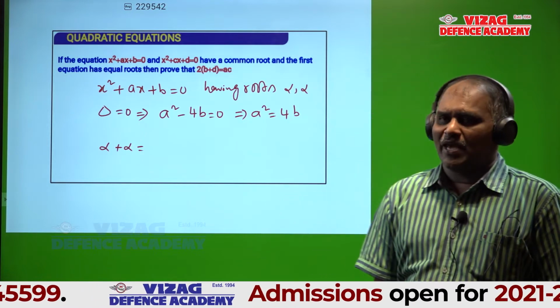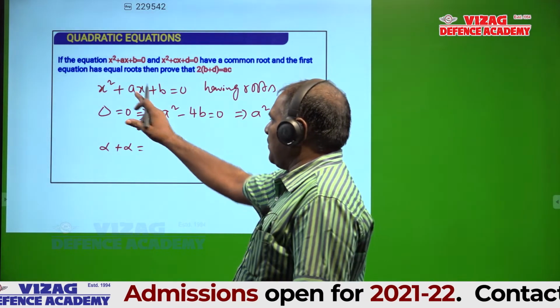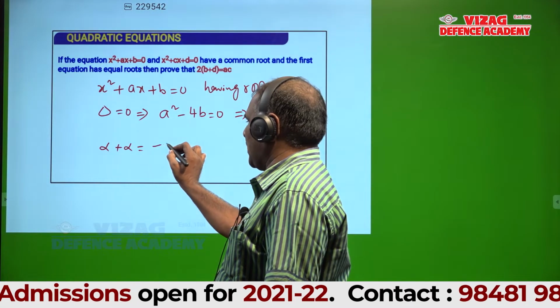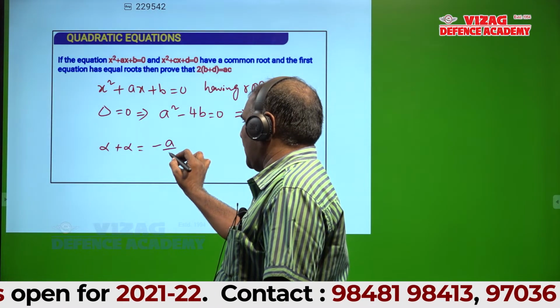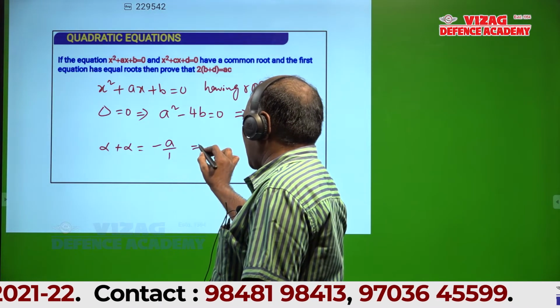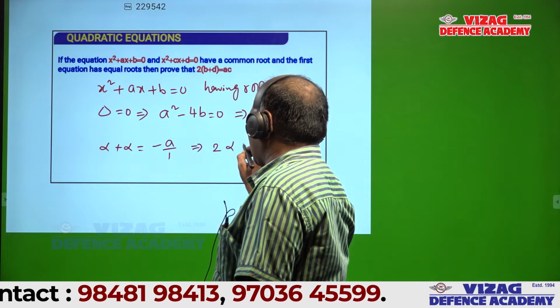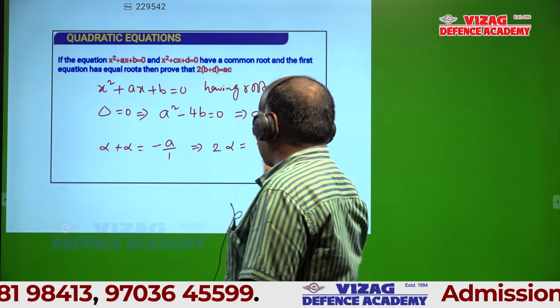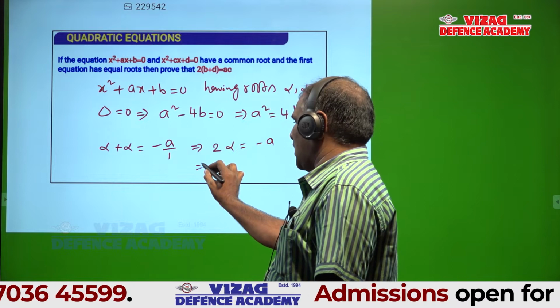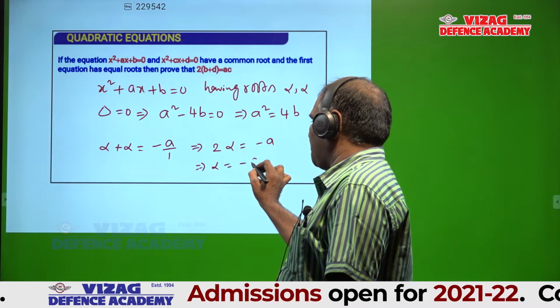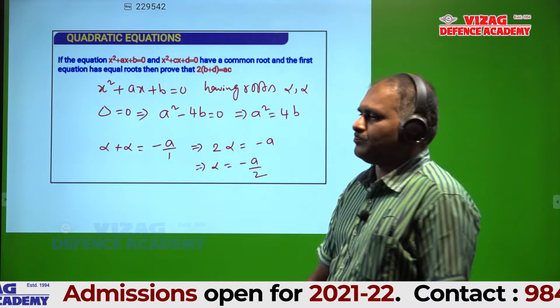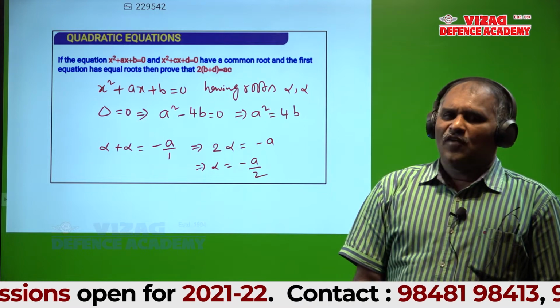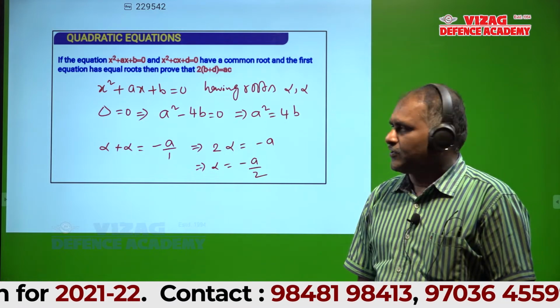Minus b by a, but here b in place is minus a, and a will be 1. Minus a by 1 implies 2 alpha is equal to minus a. So alpha is equal to minus a by 2.